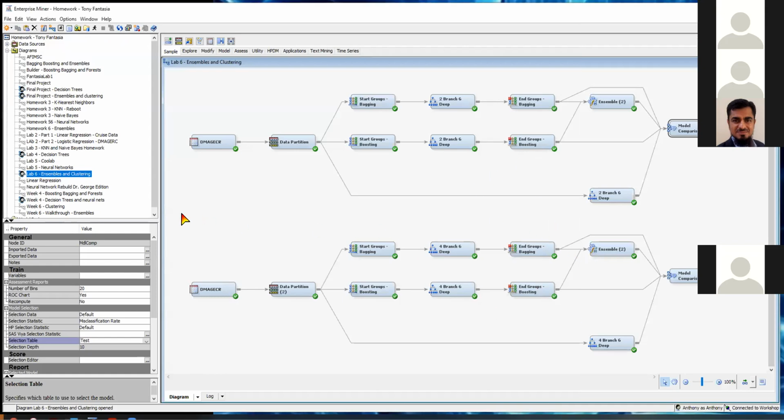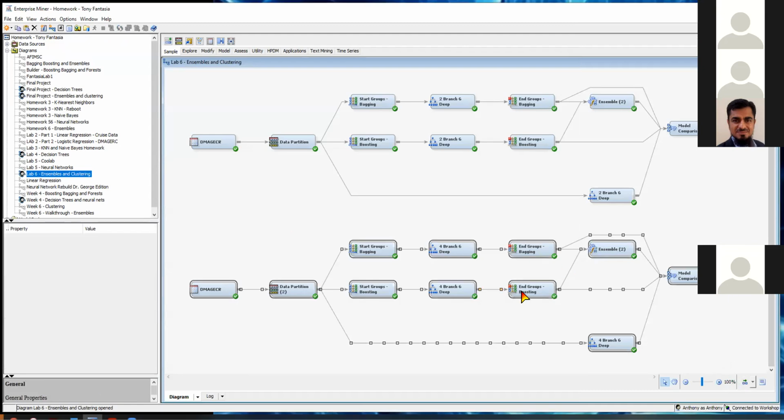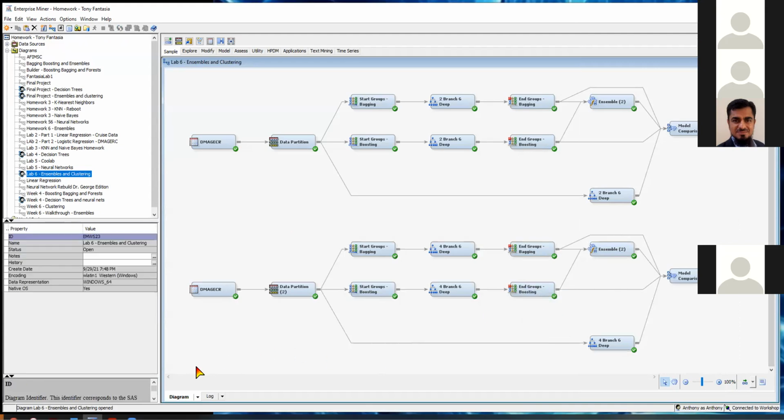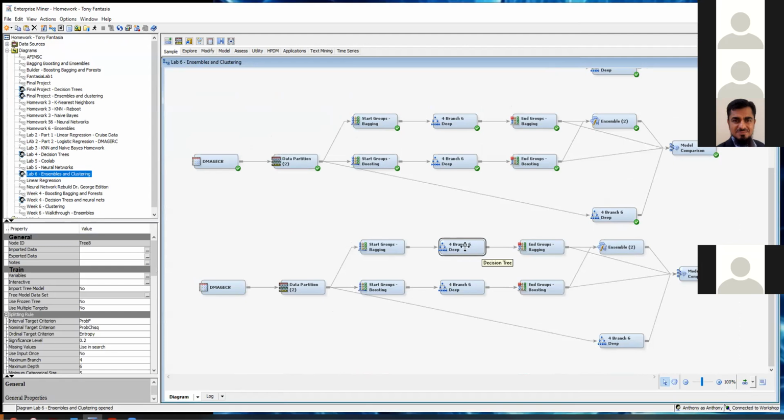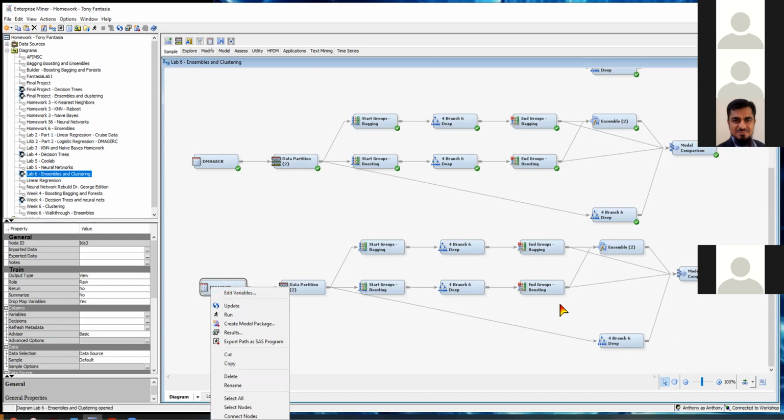Well, then let's look at something here. If we take this model and not cut but copy, then paste it down below here, and then change this to 6 branch 6 deep, let's see what we get.